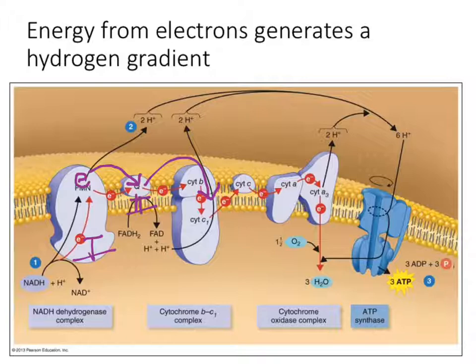Going against a gradient. They're going from low to high concentrations of hydrogen ions. And that allows for then this flow through the ATP synthase to be what kind of transport? Facilitated or passive at this point.